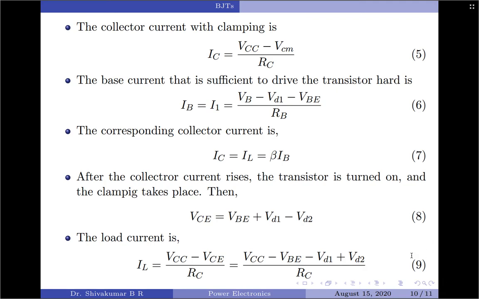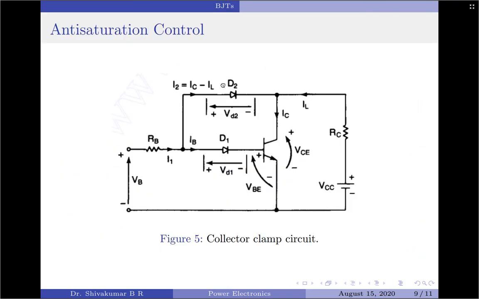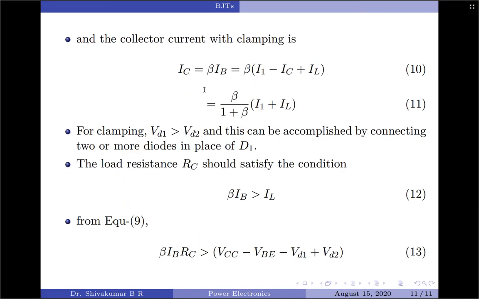After this, the collector current with clamping becomes IC equal to beta IB, which is equal to beta into IB. Now the expression for IB changes because now the diode D2 is turned on. So IB is equal to I1 minus I2. So what is I2? I2 is equal to IC minus IL. So therefore IB is equal to I1 minus (IC minus IL). We have written it here.